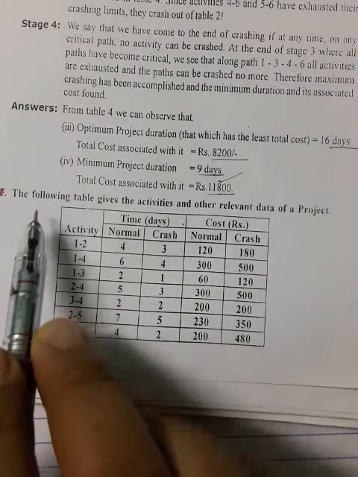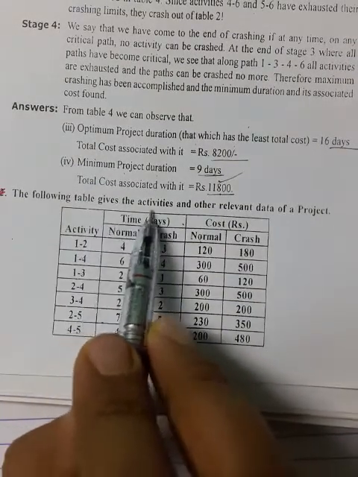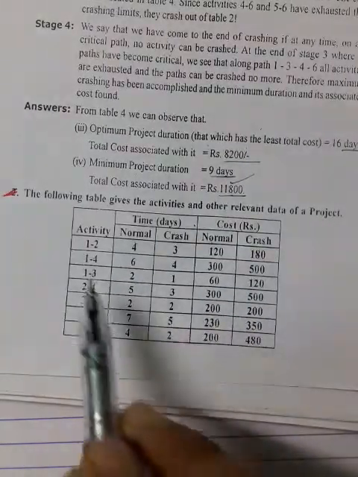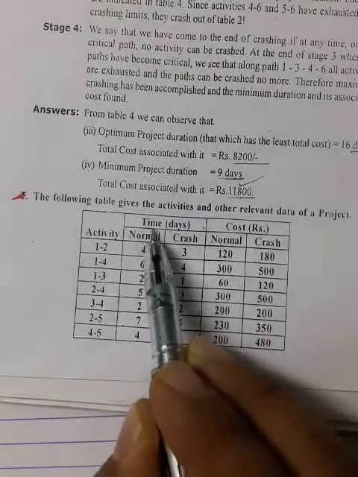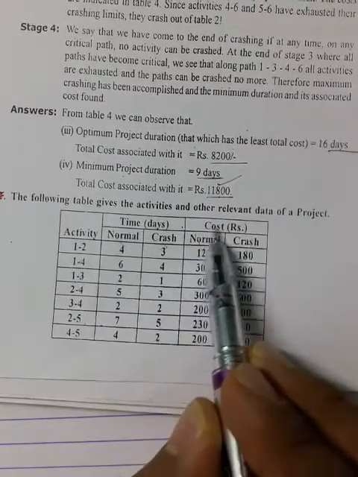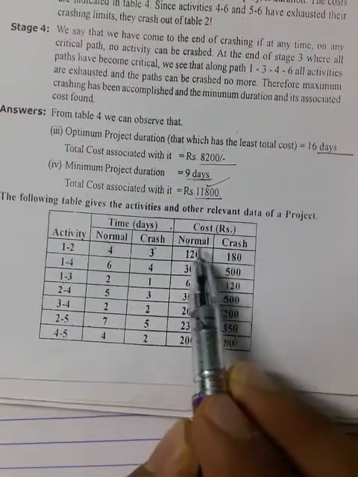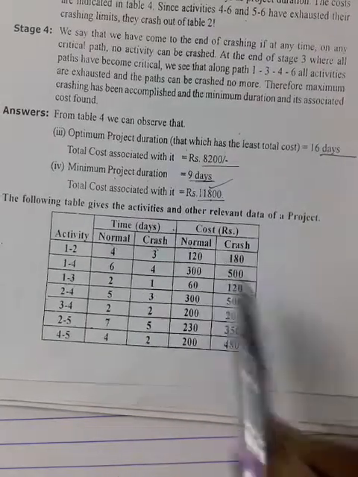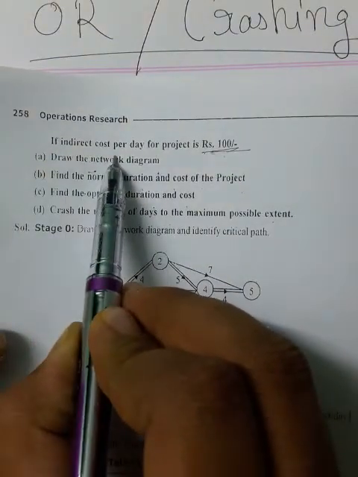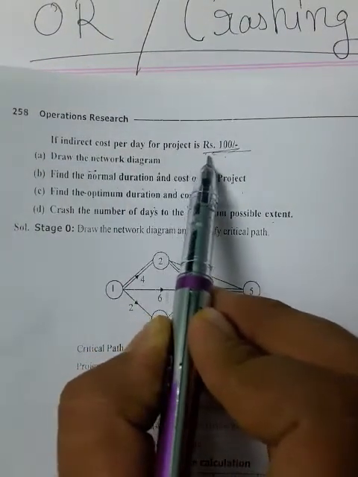This is a numerical from the textbook. It says the following table gives the activities and other relevant data of a project. Activity time is given in two forms, normal and crash. Cost is also given in two forms, normal and crash. Further, the indirect cost per day for the project is rupees 100.